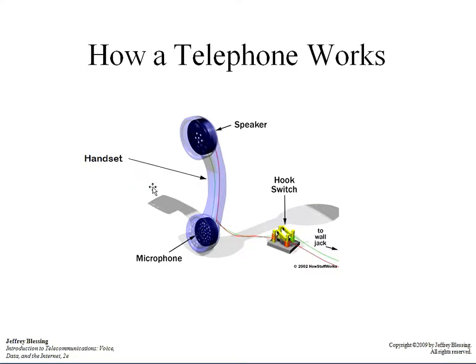Picking the handset up off the switch hook actually closes a circuit, forming that connection between caller and receiver. The microphone on the caller has a circuit connected to the earpiece on the receiver, and vice versa. The receiver has a mouthpiece that's also connected to the sender's earpiece. So both parties can be talking at the same time and they can hear one another.